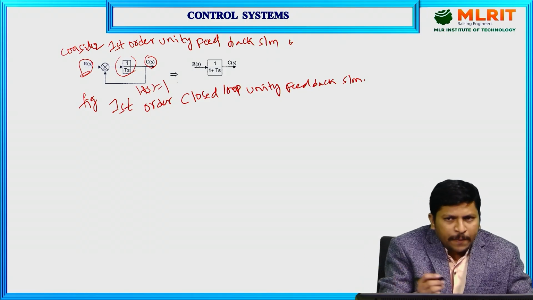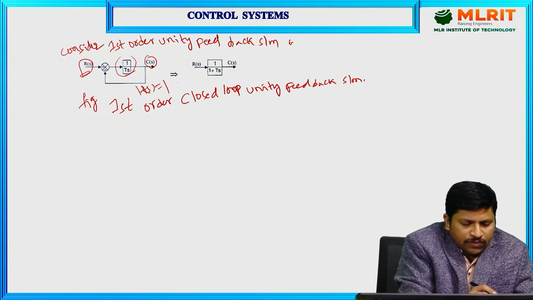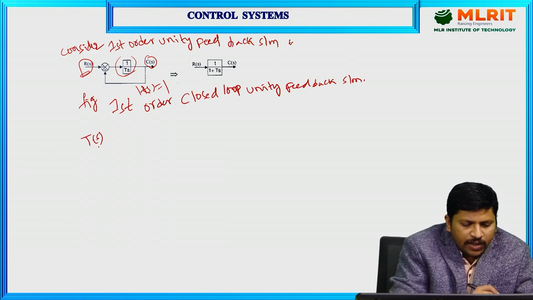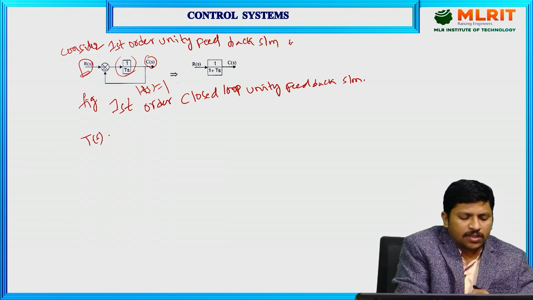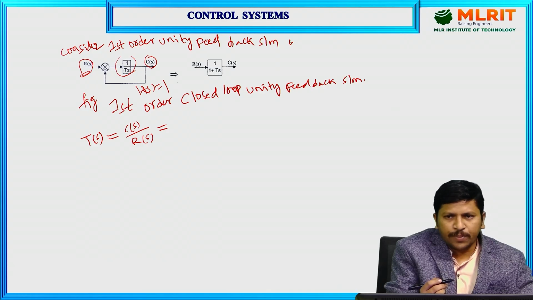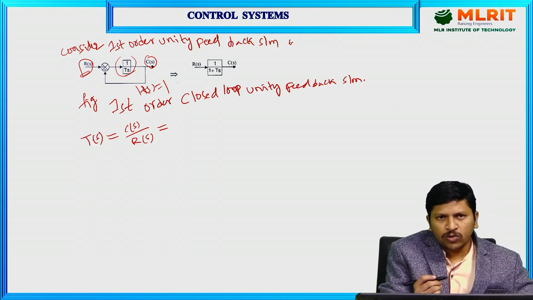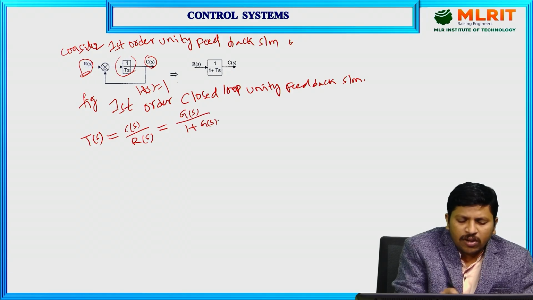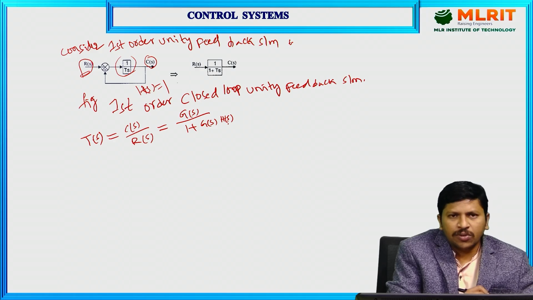So now I am going to solve this. The transfer function of the given unity feedback system is T of S equals C of S divided by R of S. The general formula for the transfer function of any closed loop control system is G of S divided by 1 plus G of S into H of S, where H of S is the unity feedback.